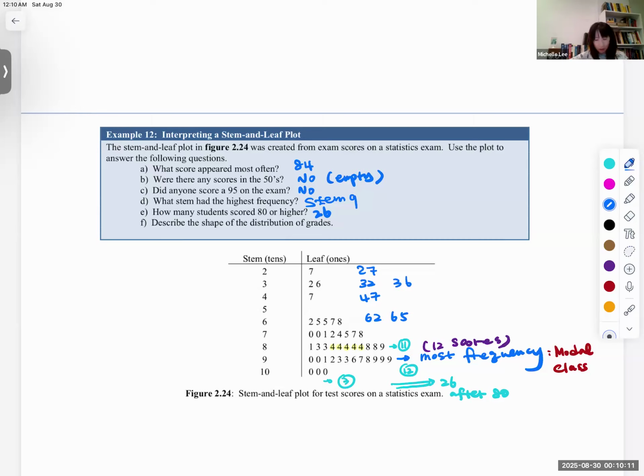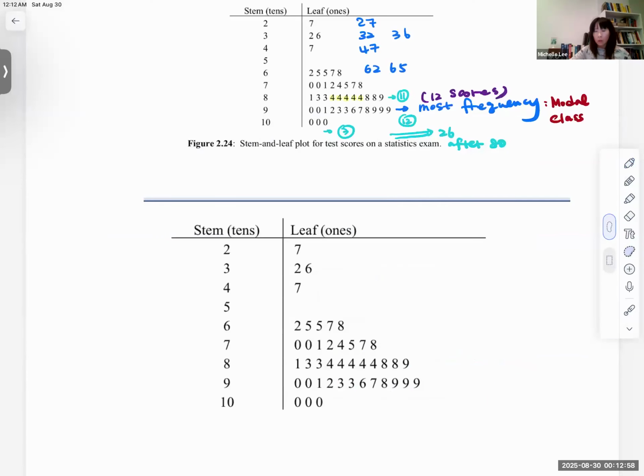Okay, the last one, describe the shape of the distribution of grades. Let me look at this the other way. I tried to rotate it, but I cannot do that with this one.